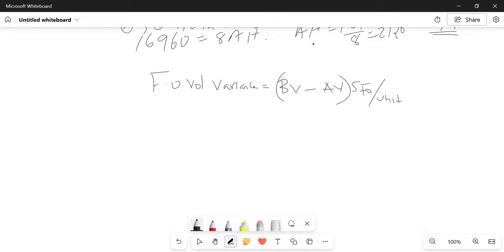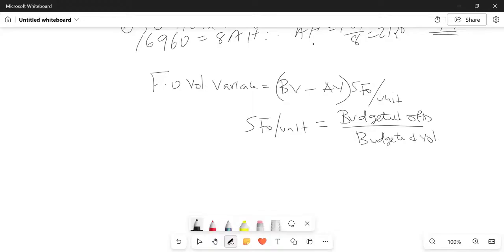Could you kindly give me the standard fixed overheads per unit? This will be budgeted overheads over budgeted volume.